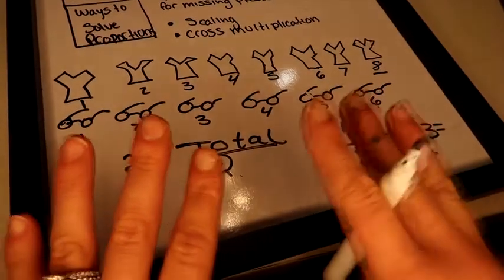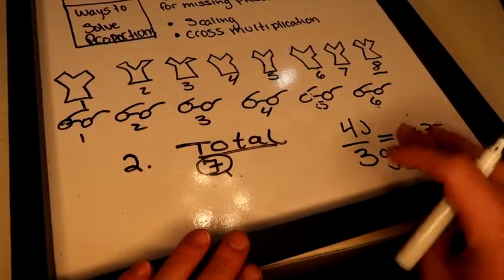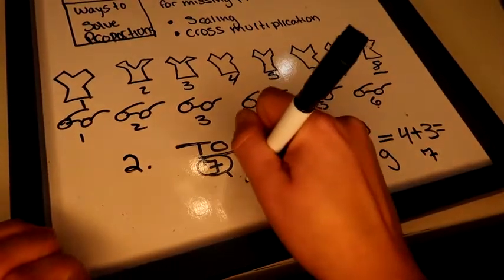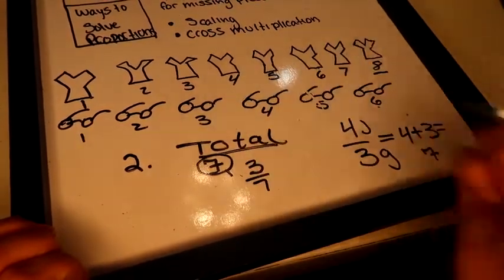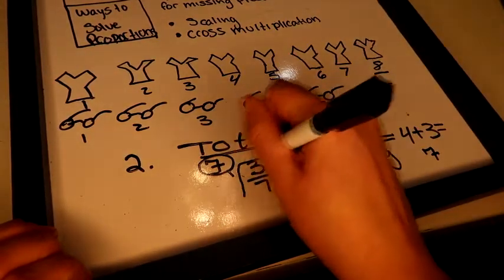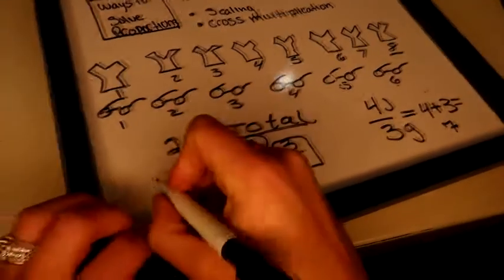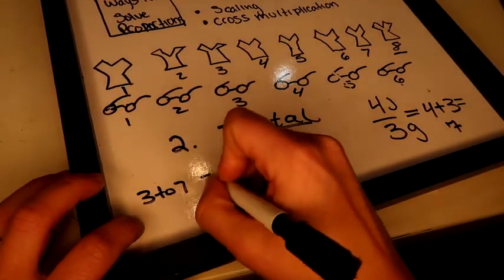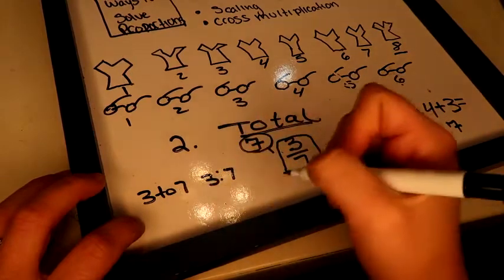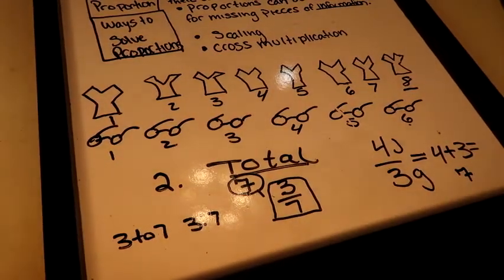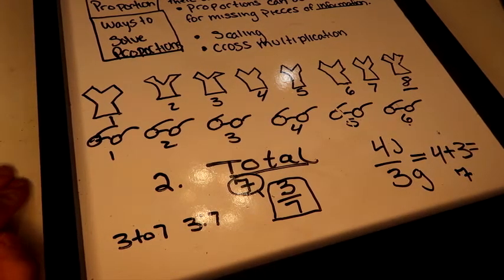Well, remember, we have 3 pairs of goggles. So we're going to write 3 over 7. That is our answer. Again, we could write 3:7. We could write 3 to 7. Or the easiest one, in my opinion, just because you've seen it the most, 3 over 7. Okay.